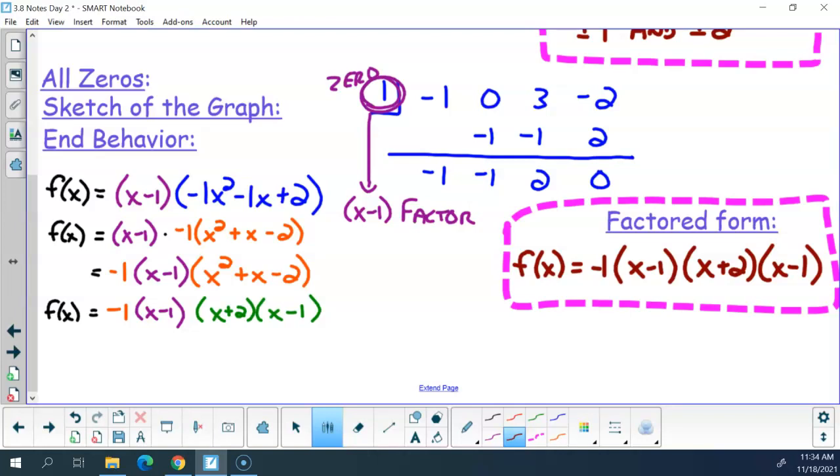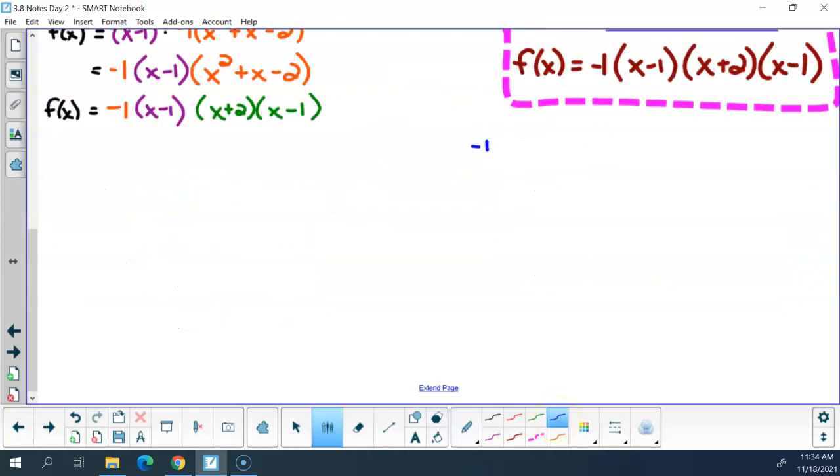How are we going to find the zeros? Set them all equal to 0. So negative 1 equals 0, x minus 1 equals 0, x plus 2 equals 0, x minus 1 equals 0. That one nothing. That one 1.